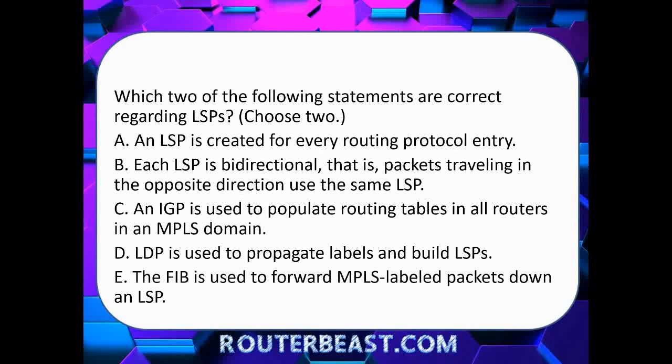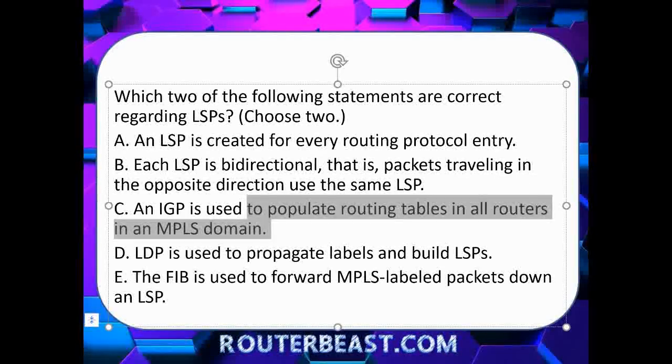So B is incorrect. An IGP is used to populate routing tables in all routers in an MPLS domain. So a couple of things to keep in mind. There's a control plane in your router. There's a data plane. That control plane involves routing protocols and some type of label exchange protocol.